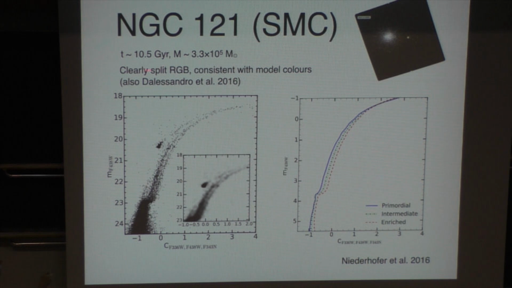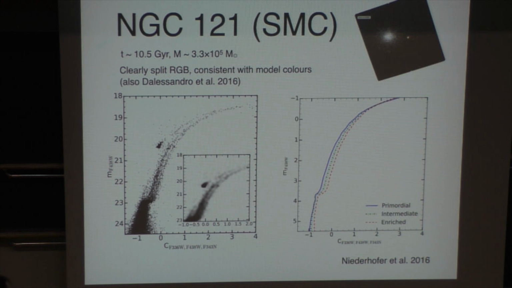Maybe 10.5 gigayears. So if you want to talk about formation redshift, that's going to be around 2 or so, right? So you're already sort of out of the regime where things like reionization or the Jeans mass at recombination start to become a little bit contrived. Anyway, but that's NGC 121.